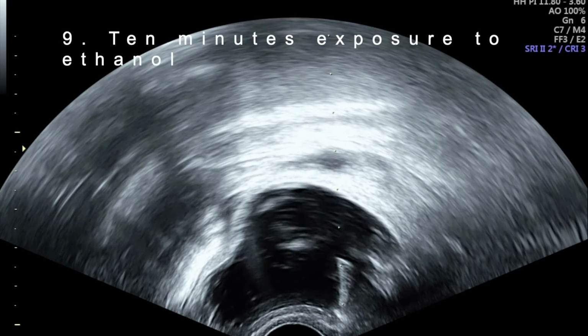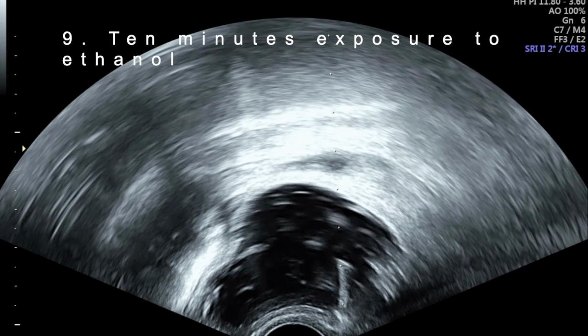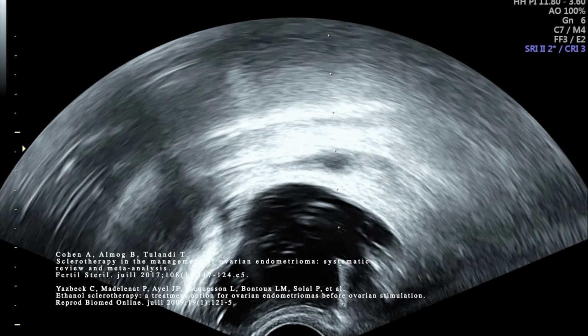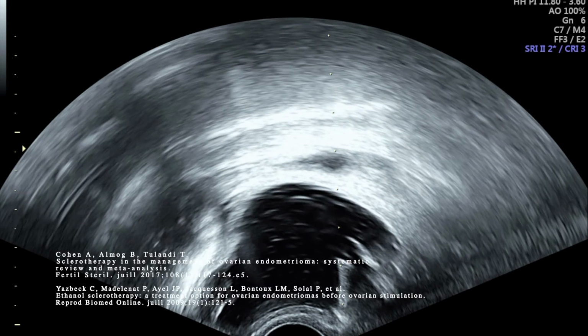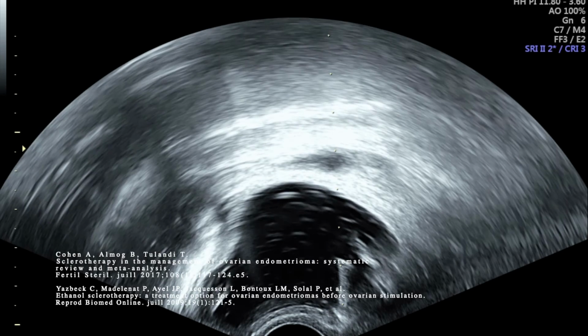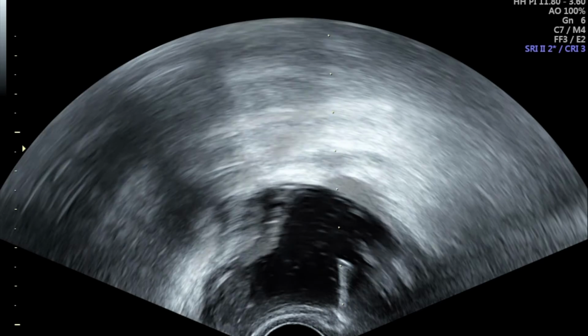Step 9. 10 minutes exposure to ethanol. The ethanol is left in the cyst for 10 minutes as suggested by the literature. During this step, it is important not to move. A timer is useful to make sure that the 10 minutes are completed.